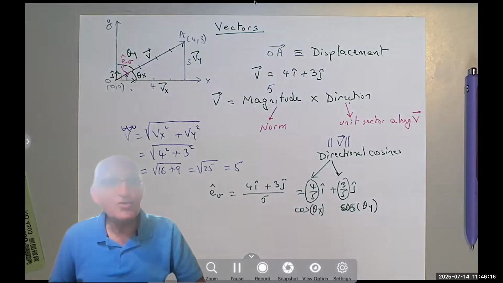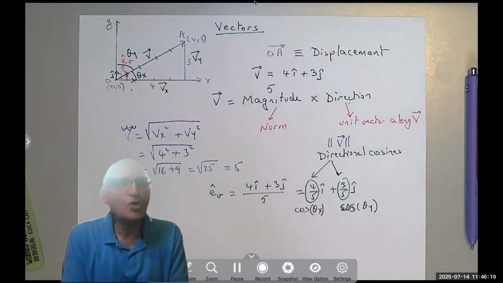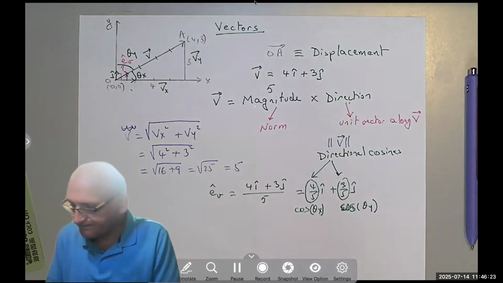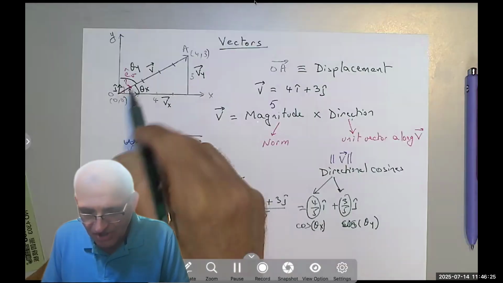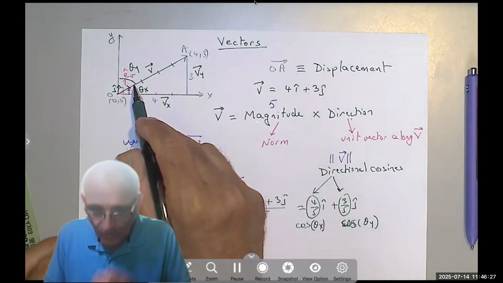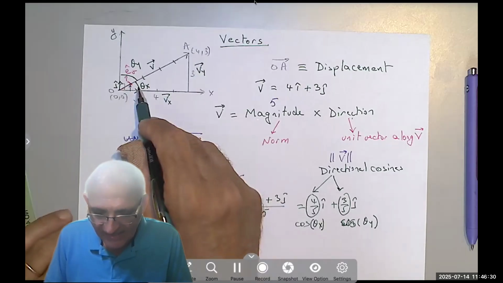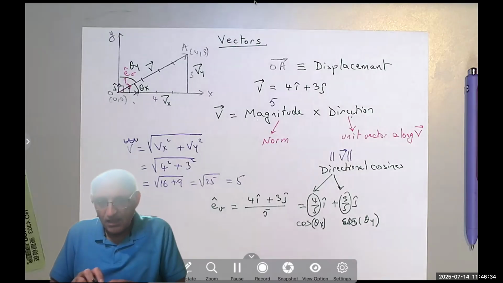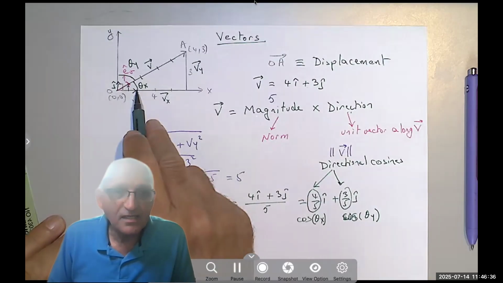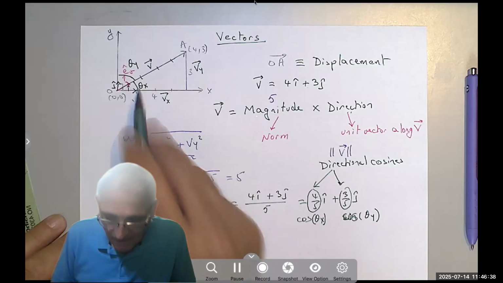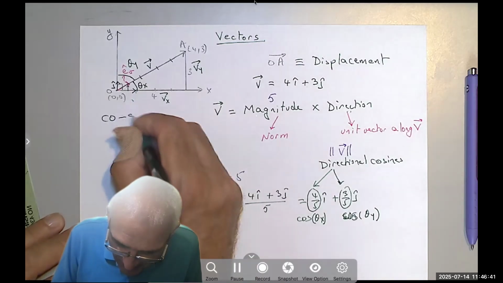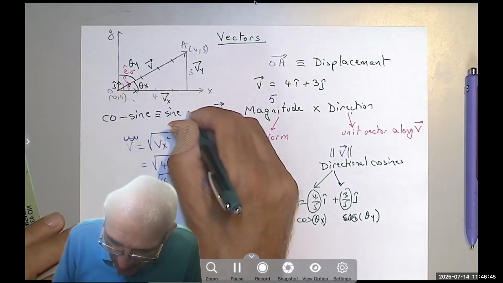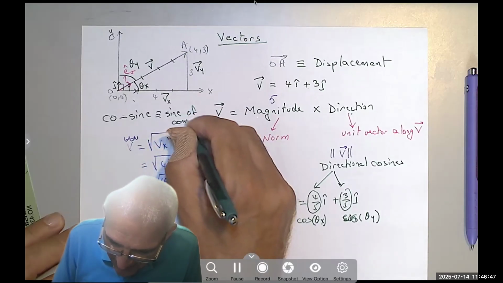So I ask you a question. Where does the term cosine come from? Well, first of all, we said the sine of an angle is opposite over hypotenuse, right? And what is the cosine? Well, the cosine is equivalent to the sine of the complementary angle.